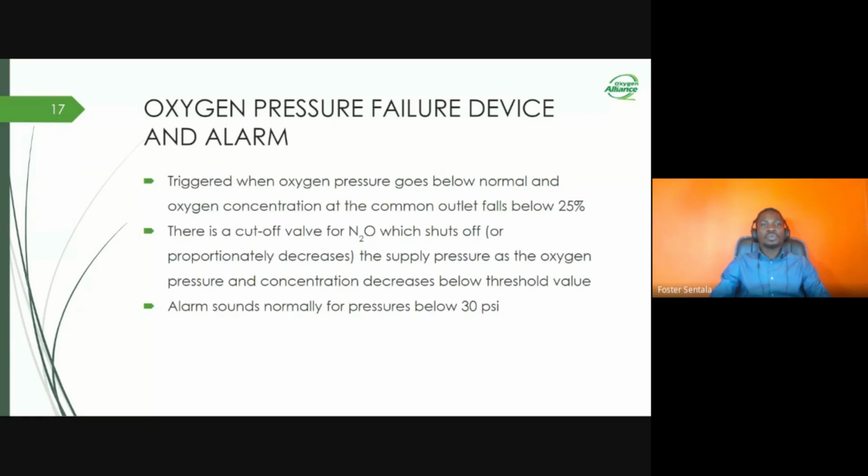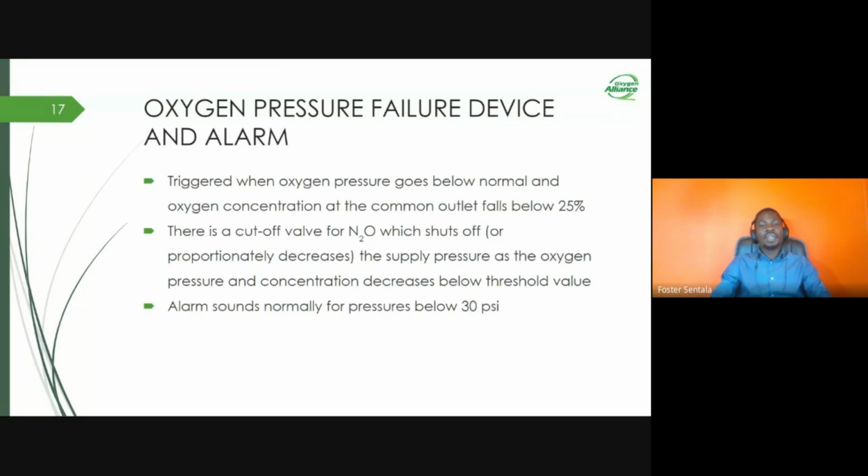So in cases whereby concentration of oxygen in the gas mixture falls below 25%, the control panel triggers the nitrous oxide cutoff valve to close. In this way, you are limiting the amount of nitrous oxide being delivered to the patient. And when it is closed, then gradually the concentration of oxygen regains its upper levels of concentration.